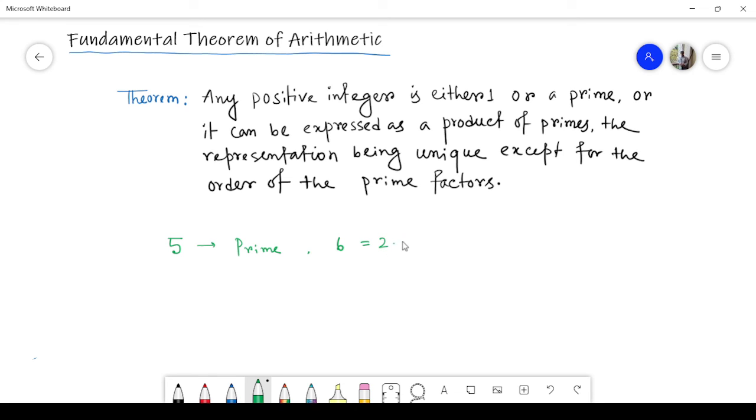That means 2 into 3. Here 2 and 3 both are prime. So it is a fundamental and very basic theorem that tells about the nature of the positive integer and its multiplicative formations.